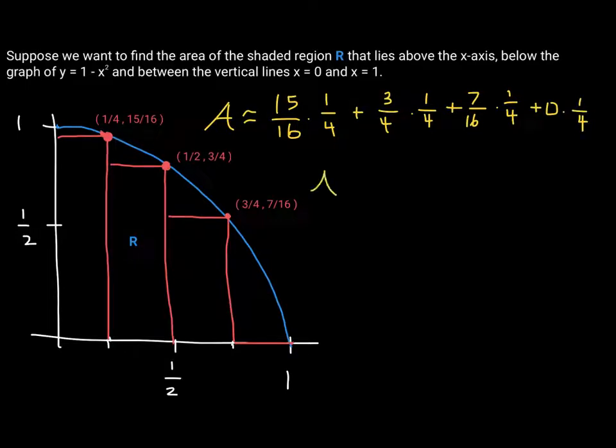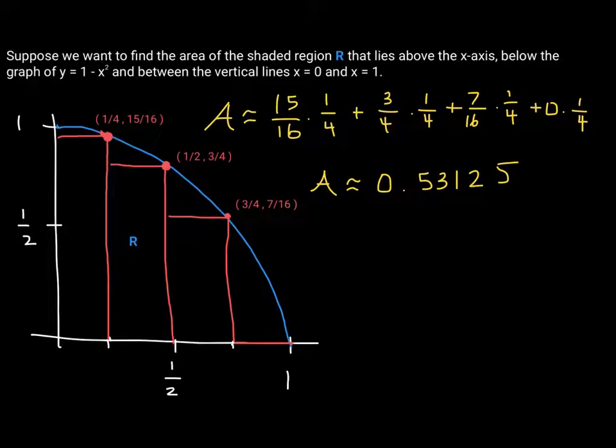If you do all this arithmetic, then you get that the area of the region is approximately 0.53125. Okay, so notice that this area here is less than the area we found before.